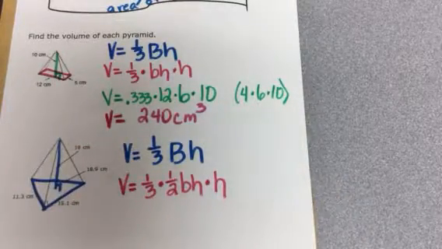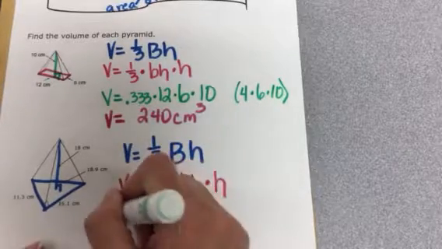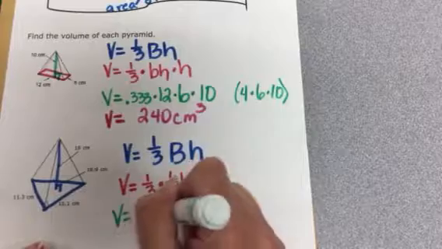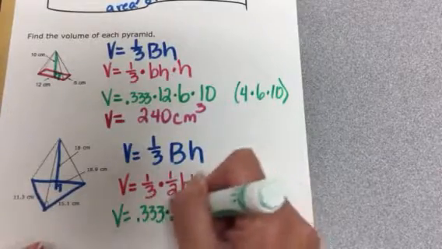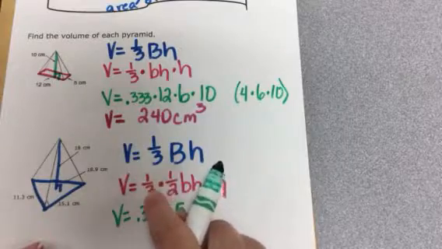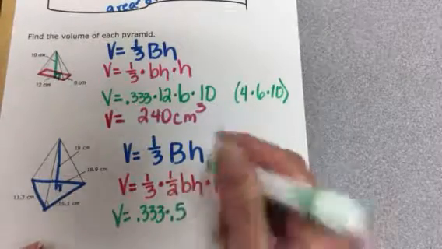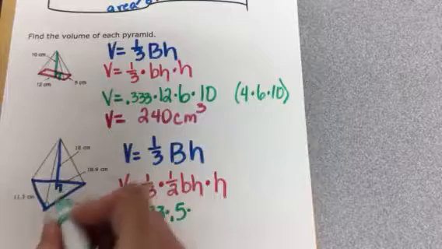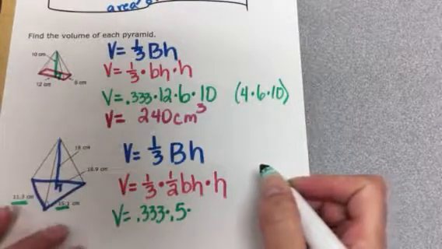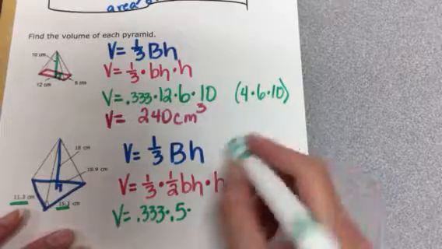Now we can plug our values in. I'm going to use 0.333 times 0.5. And we know that we get those values by dividing 1 divided by 3 and 1 divided by 2. Now the base of the base and the height of the base are at a right angle to each other.